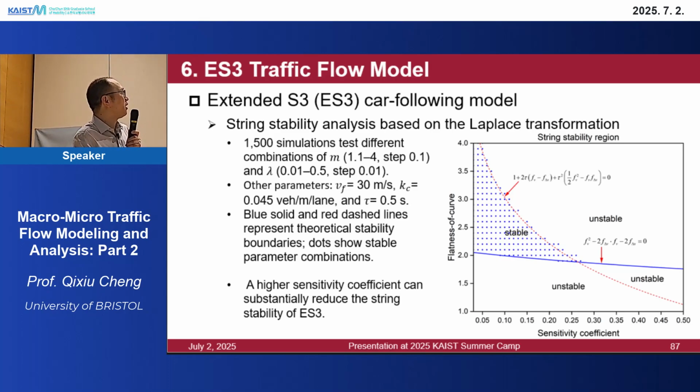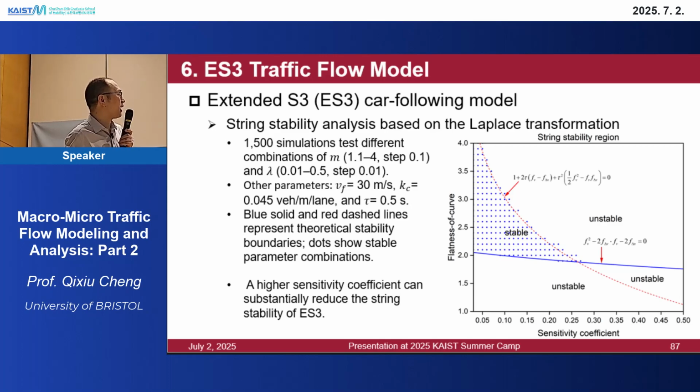We change the flatness of the curve M. We change these two parameters, and we run the analysis to see if the traffic is in steady state or not. Okay, we can see the experiments are almost consistent with the theoretical bounds.